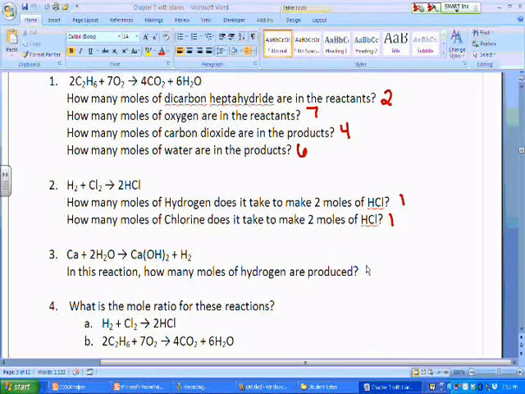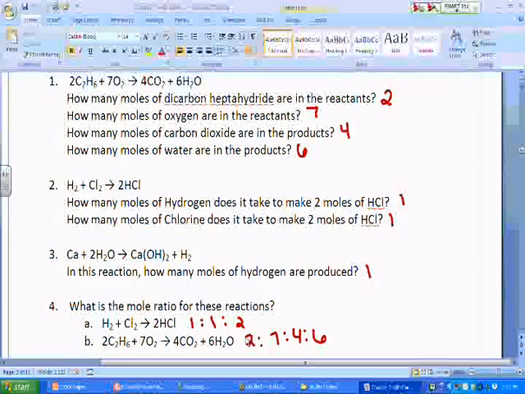That's going to be 1 mole of hydrogen, because it's the hydrogen on the right side of the equation, or the products. Now, what is the mole ratio for these reactions in number 4? We're going to have 1, 1, and 2. And then for B, we have 2, 7, 4, 6. And those are the mole ratios. Please write down any questions you have if you got these wrong so that we can talk about them in class.